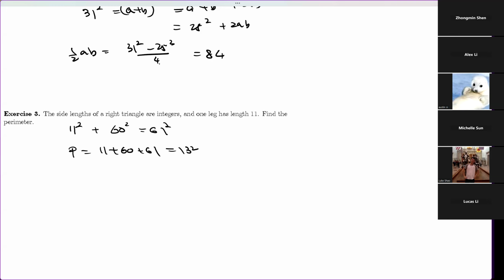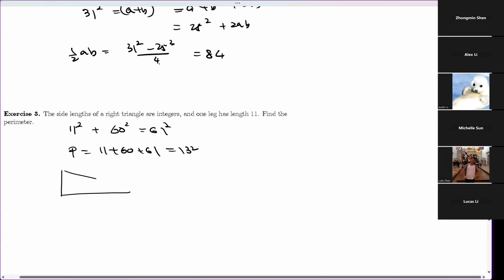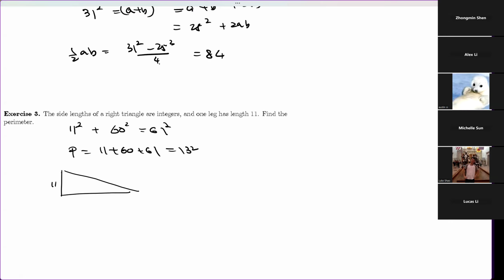Like how do you do that without knowing this? Okay, this is 11, and this is, let's call it C, this is A, or B. Okay, let's use A here. So we know that C squared minus A squared equals 11 squared.